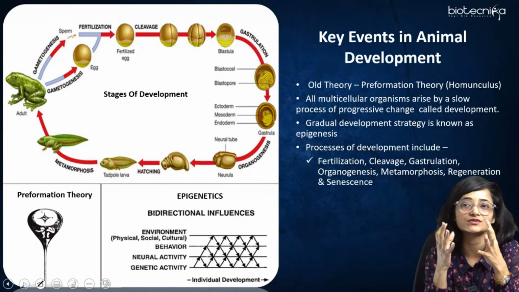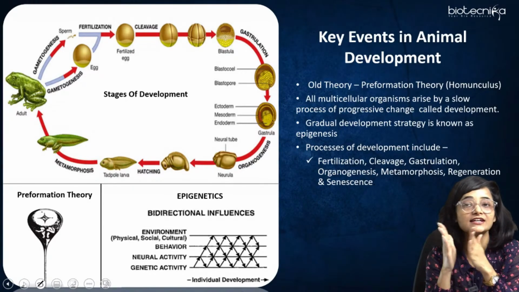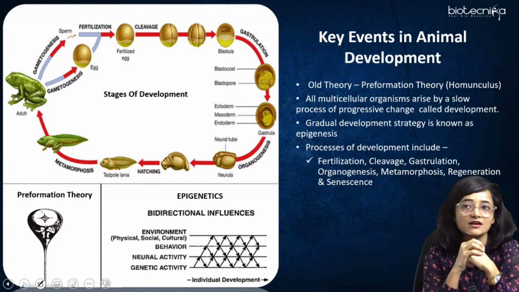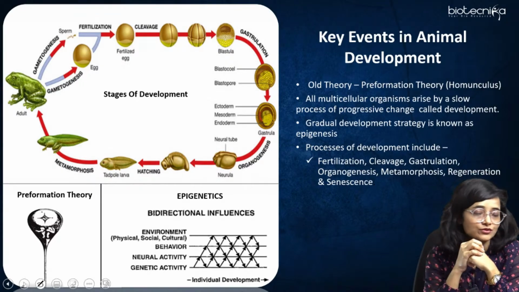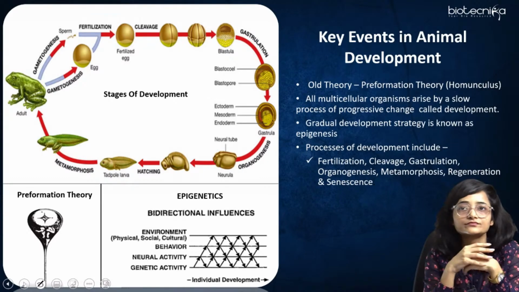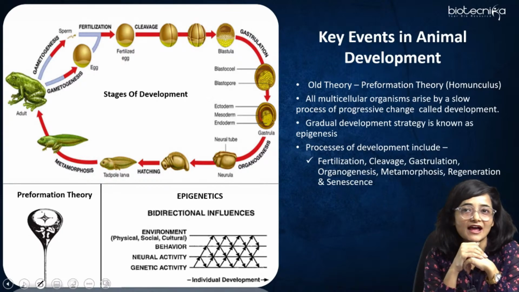These are three terms we often confuse, and they are individual terms. Development is not equal to growth, and proliferation is also something very different. So can anybody tell me what is the difference between development, growth, and proliferation?